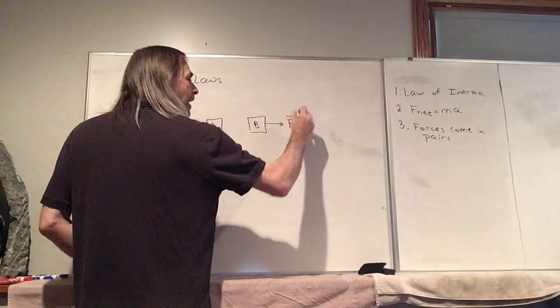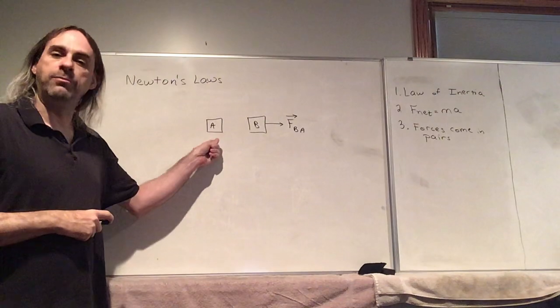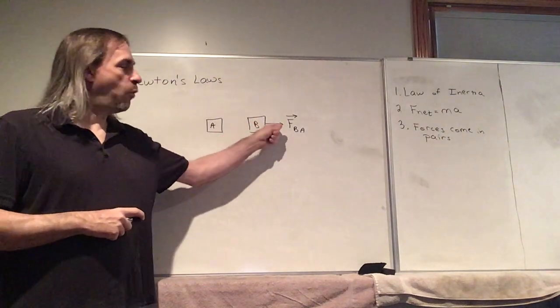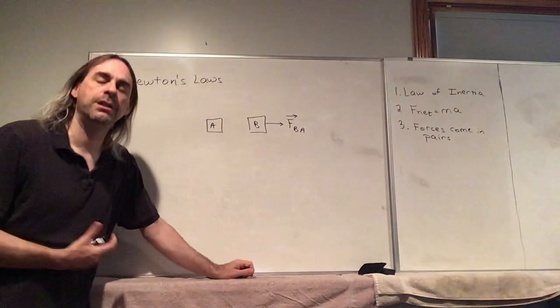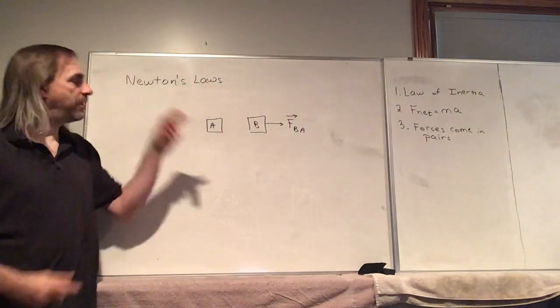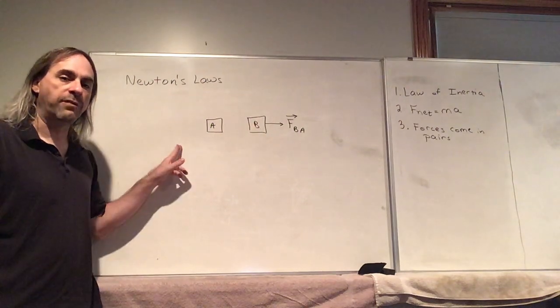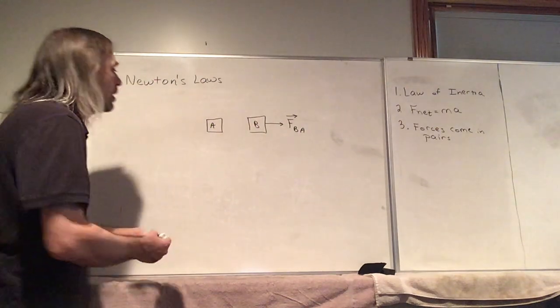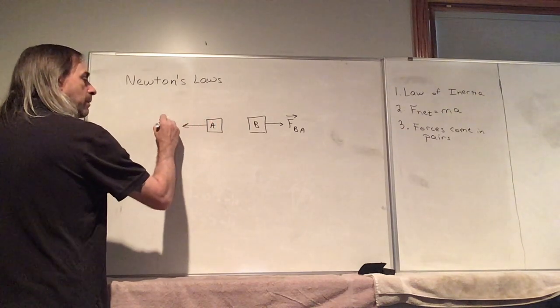I'm going to label that F_BA. So that's the force on object B due to object A. So if this force exists, I'm stating this law that forces come in pairs. So what that means is if A exerts a force on B, B exerts a force on A. And it actually means more than that, but let me write this down.